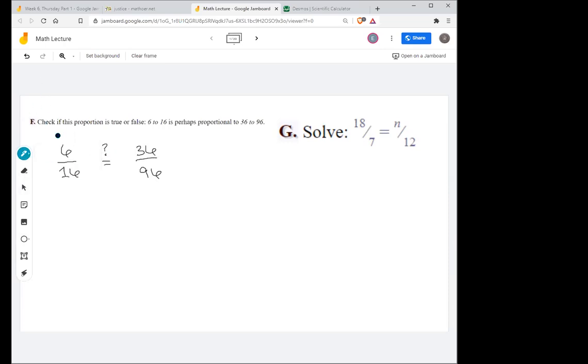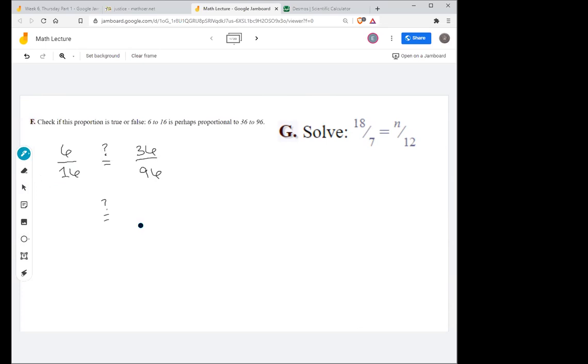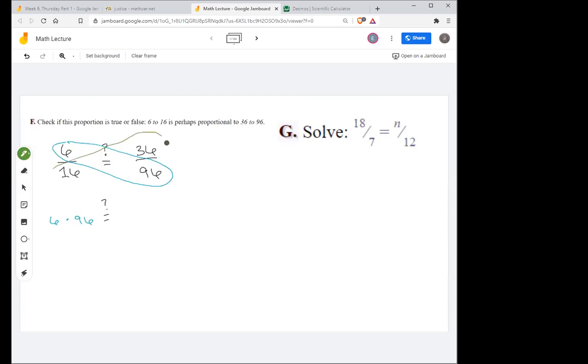So does it matter how we start the cross multiplication? No, we already just said it doesn't matter which goes on the left or which goes on the right. So it would be 6 times 96. And then 16 times 36.